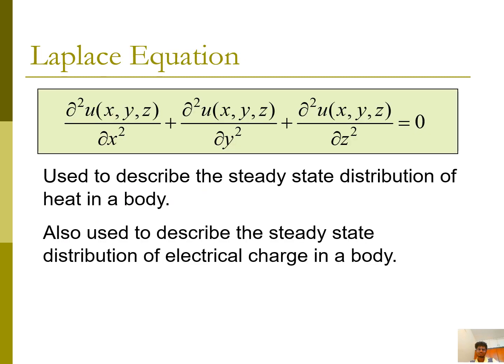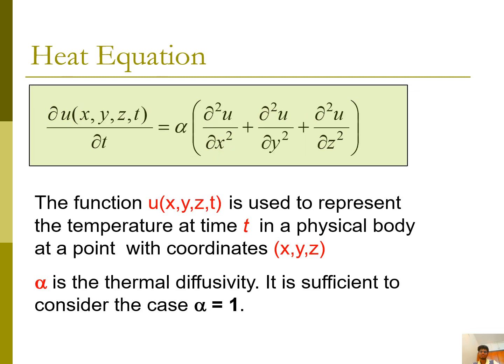Laplace equation: ∂²u(x,y,z)/∂x² + ∂²u(x,y,z)/∂y² + ∂²u(x,y,z)/∂z² = 0, used to describe the steady state distribution of heat in a body. Also used to describe the steady state distribution of electrical charge in a body.